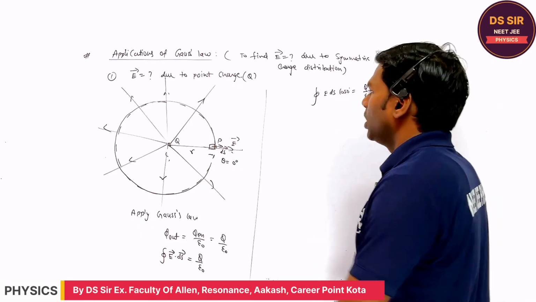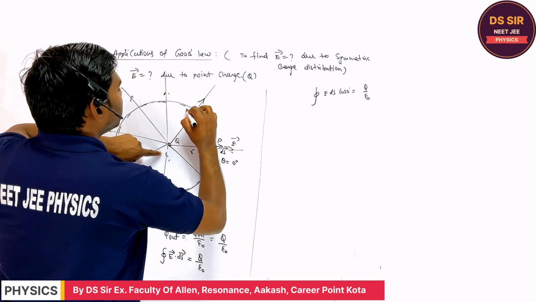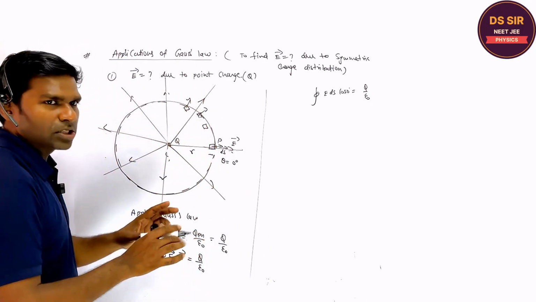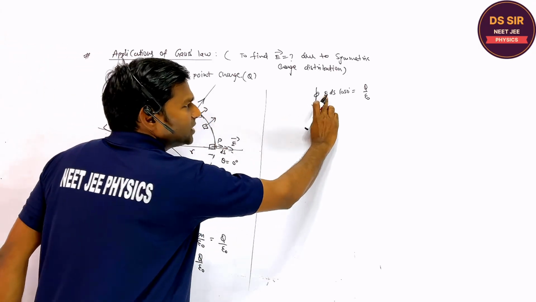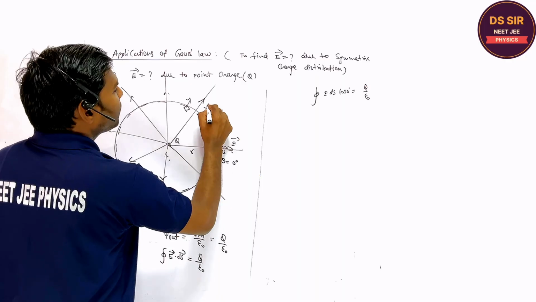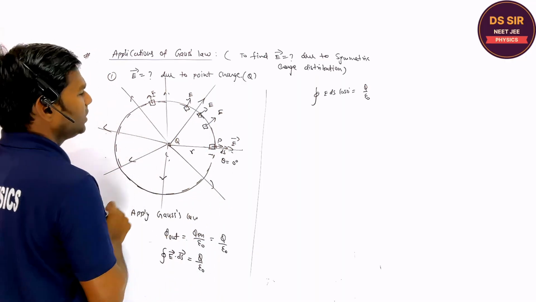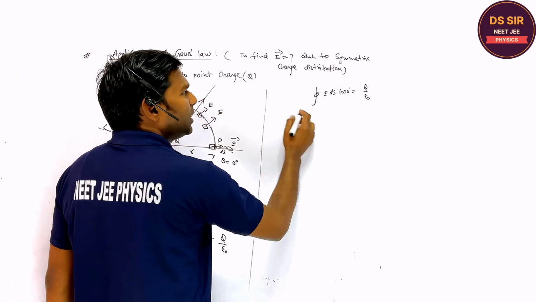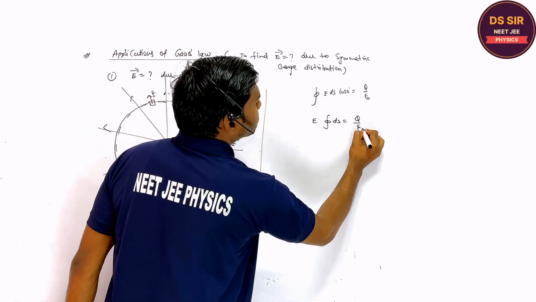Although the direction of the electric field at different points is different, the magnitude of the electric field on the surface of this sphere is E. So E is constant, it comes out of the integration, and this is the integral of ds equals Q upon epsilon naught.